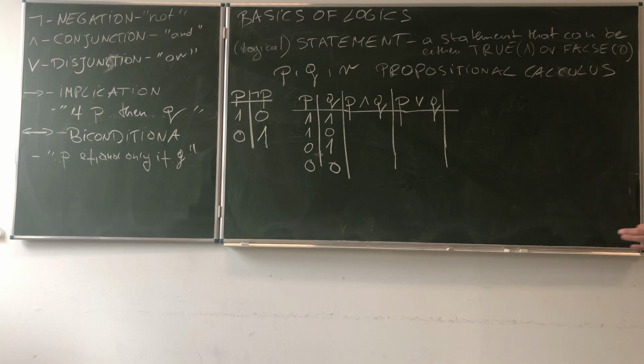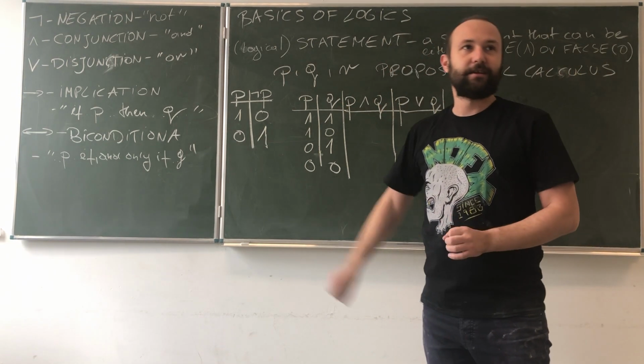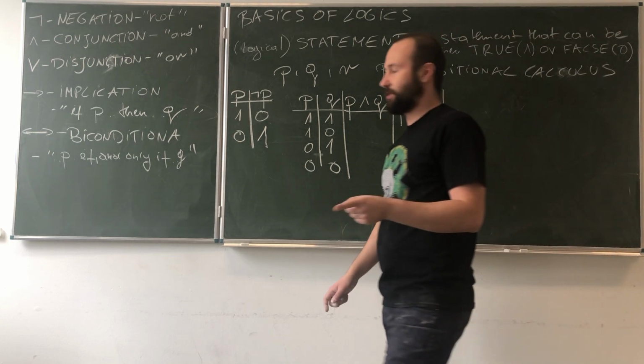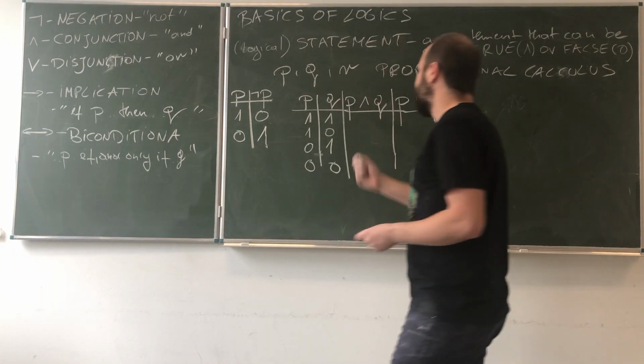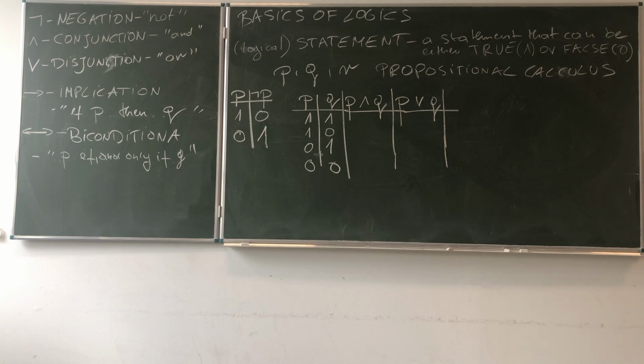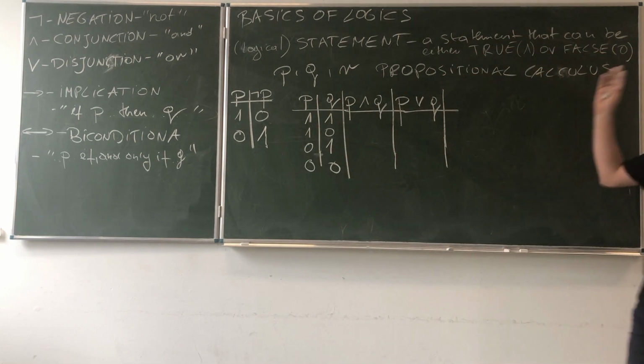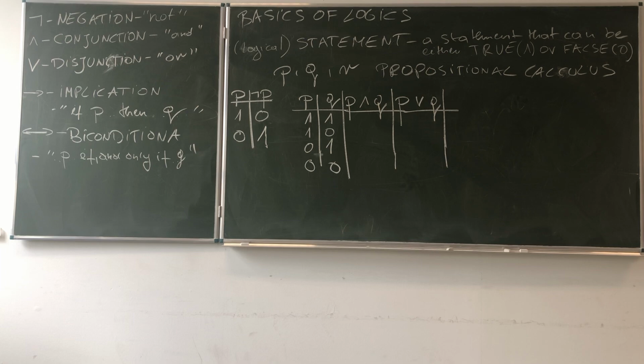Look, conjunction, when we have "and", means that both conditions must be fulfilled. On the other hand, with disjunction, only one condition needs to be fulfilled. So, in this case, it means that if there's "and", we require both of the substatements to be truthful in order for the full statement to be true.